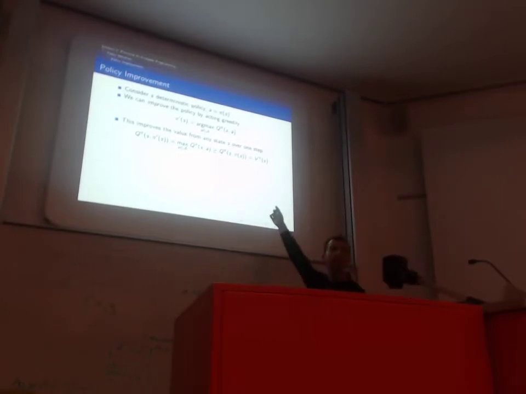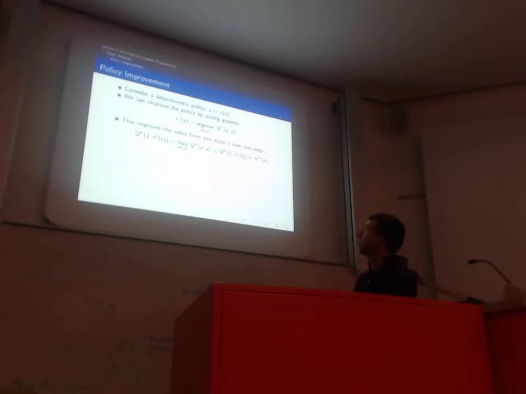But we're using the same policy to pick the first action as we are to continue. In other words, this is the value of just following policy pi all the way through, which we call V pi. So we've shown that by using pi prime, by acting greedily for one step, we've improved the value from that one state, over just one step.